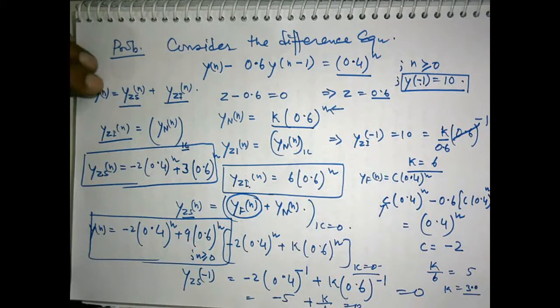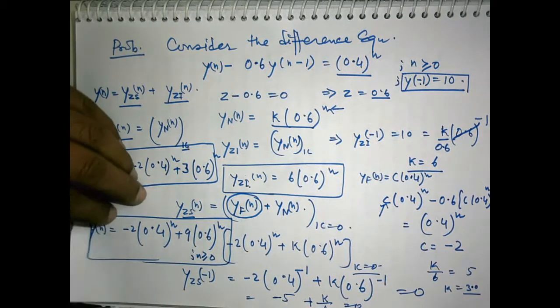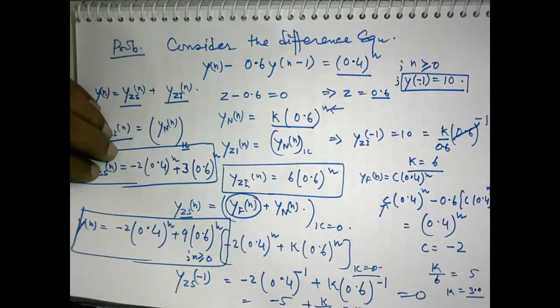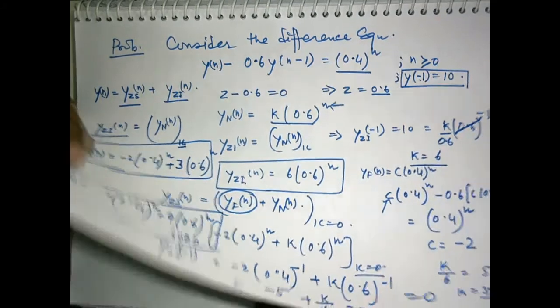Okay. So you can approach through either way, through the natural response and forced response, or through using zero input response and zero state response. Now let us proceed to another equation.